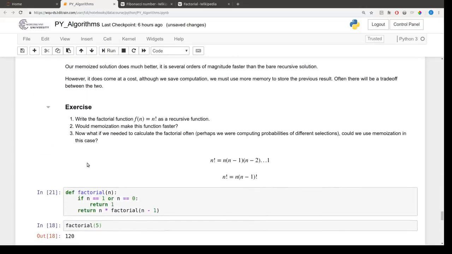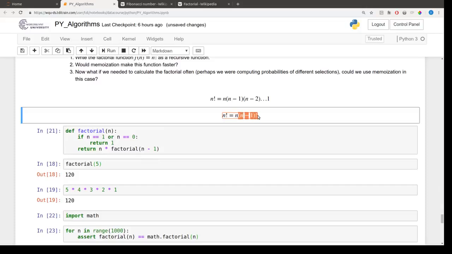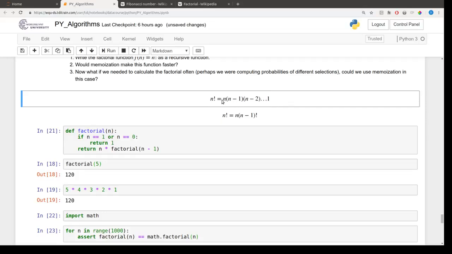For factorial, we're in a slightly different situation. N factorial is equal to n times n minus 1 factorial. N minus 1 factorial is n minus 1 times n minus 2 factorial. So we can see that what we end up doing is exactly this expansion, n times n minus 1 times n minus 2, and so on until we hit 1. And we never calculate any factorial twice, or more than once.